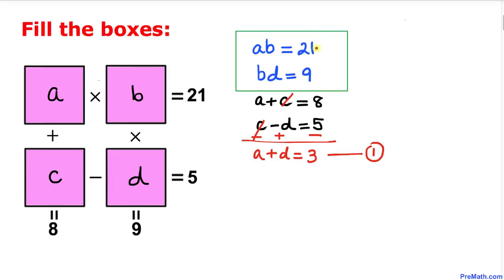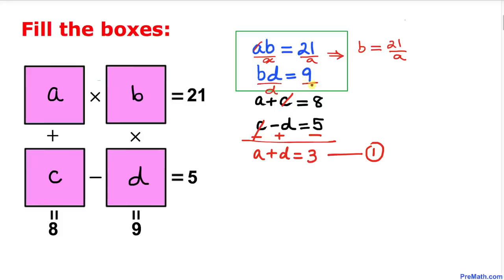And now let's focus on these top two equations in the box, and we are going to solve them for B. Let's focus on this top equation. I am going to divide both sides by A. This A and A is gone, so we got B equals 21 divided by A. Likewise, we are going to divide the second equation by D this time.